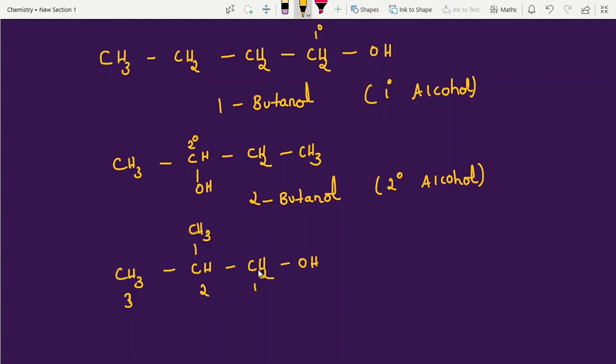So what is this name? 2-methyl-1-propanol, IUPAC name, right? Now is it secondary or primary or tertiary? This is primary, because it is attached to only one carbon. This is a primary alcohol. Clear?